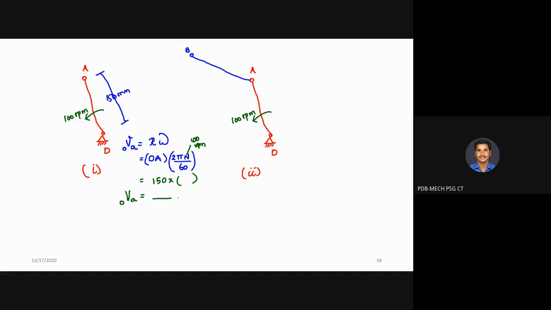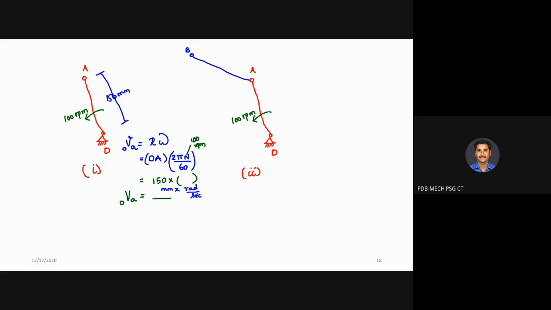What is the unit for this one? What is the unit for OA? MM, sir. Yes. Unit for OA is mm. What is the unit for omega, angular velocity? Radians per second.